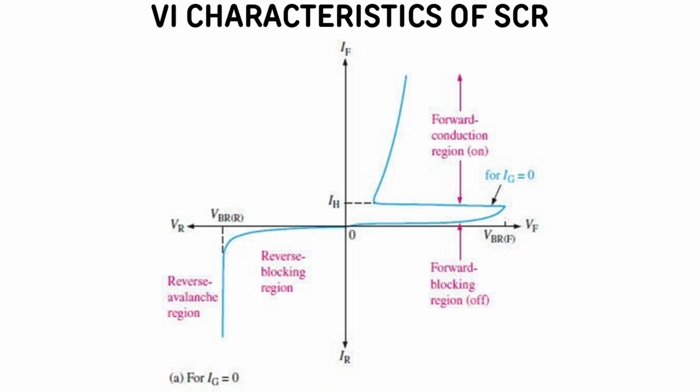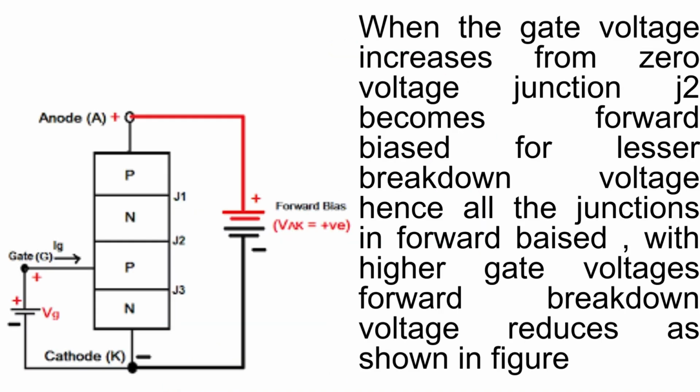In the forward blocking region, the junction J2 is in reverse bias, whereas in the forward conduction state, the junction J2 breaks down and becomes forward biased. When the gate voltage increases from 0 volts, junction J2 becomes forward biased for a lesser breakdown voltage. Hence, all the junctions are forward biased.